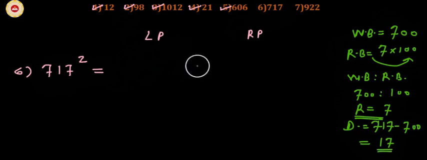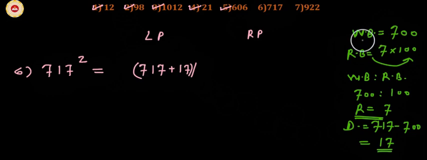So what is the left part? Given number plus its deviation. 717 plus deviation 17. Right? As the working base is applicable, multiply this left part by ratio 7. Correct? Now the right part.